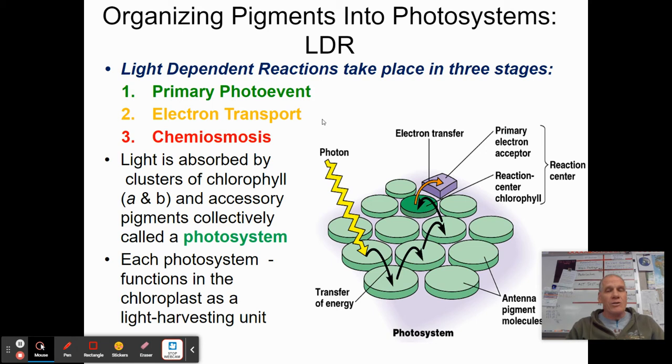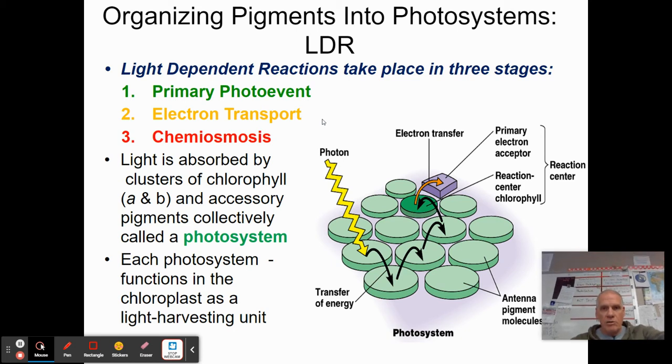So we're going to use the energy of those high energy electrons to pump protons and create and maintain a concentration gradient. And then we're going to use the concentration gradient to make ATP via the process called chemiosmosis. So that's all the stuff that is happening in the light dependent reaction.